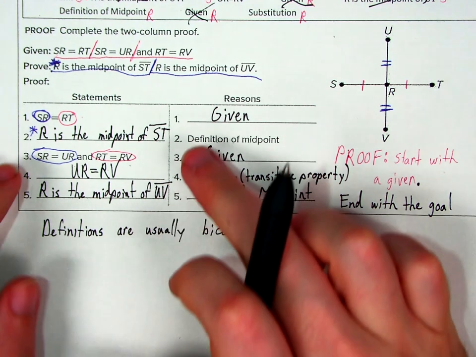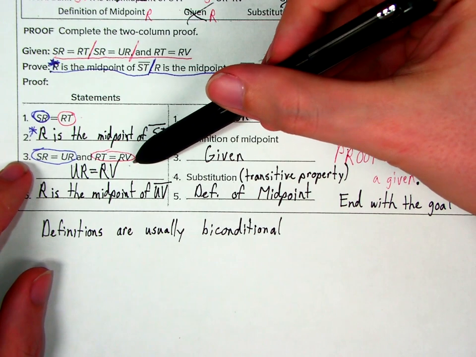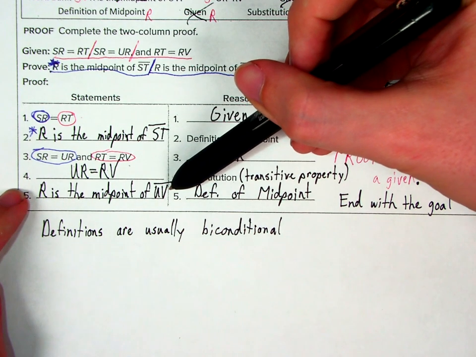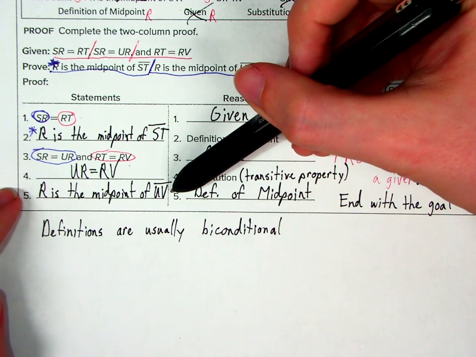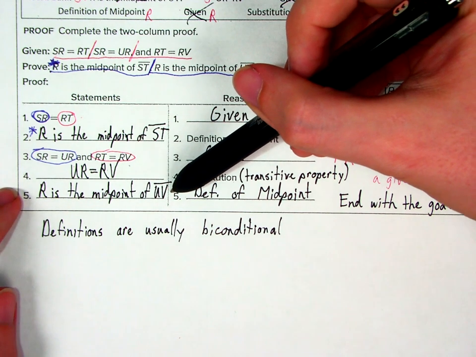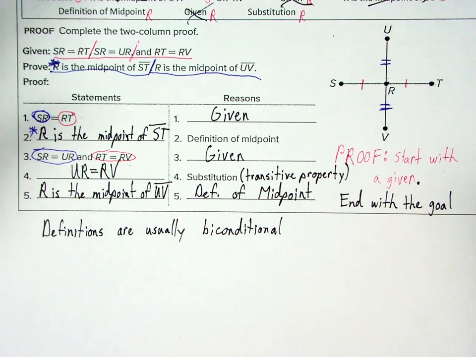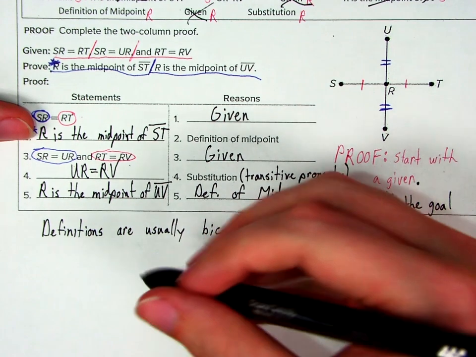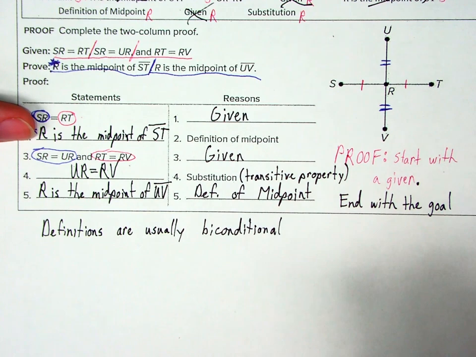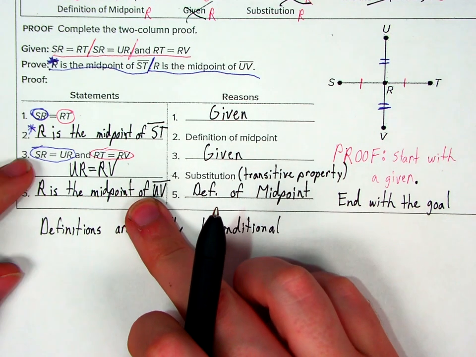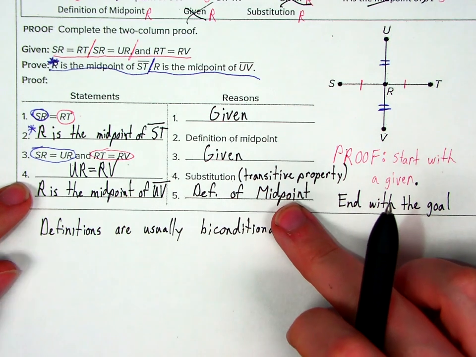Meaning, so far we've seen UR equals RV. We're able to say that R is the midpoint of UV. We could go the other way. R is the midpoint of UV, so UR is equal to RV. We get to go back and forth between these 2 ideas, between lines 4 and 5, using the definition of midpoint.